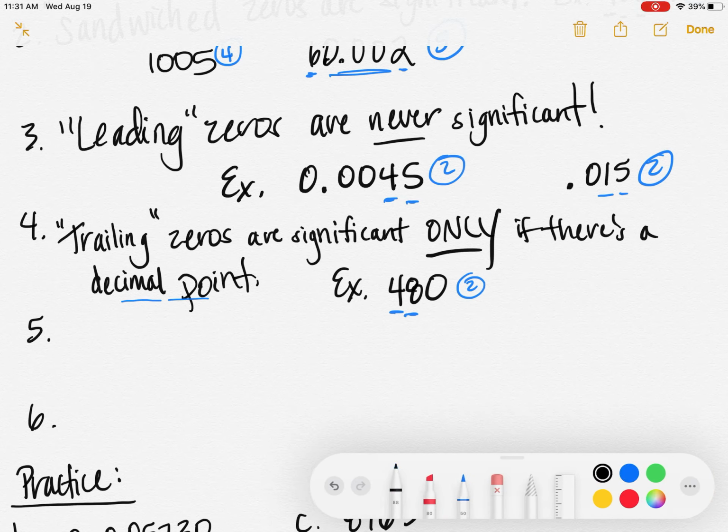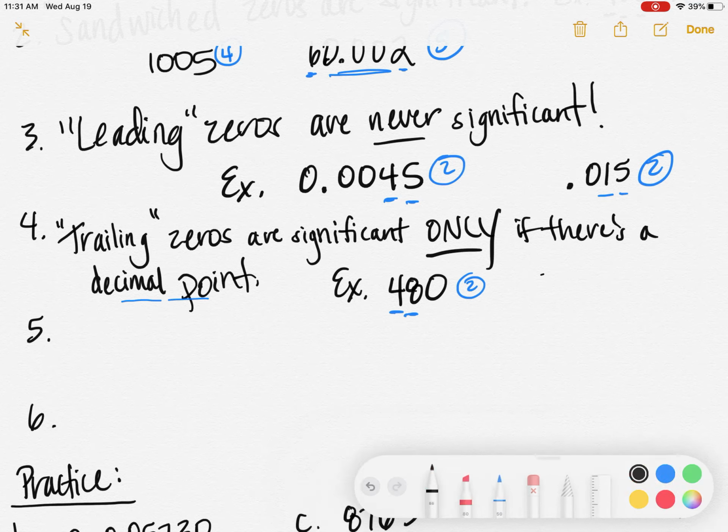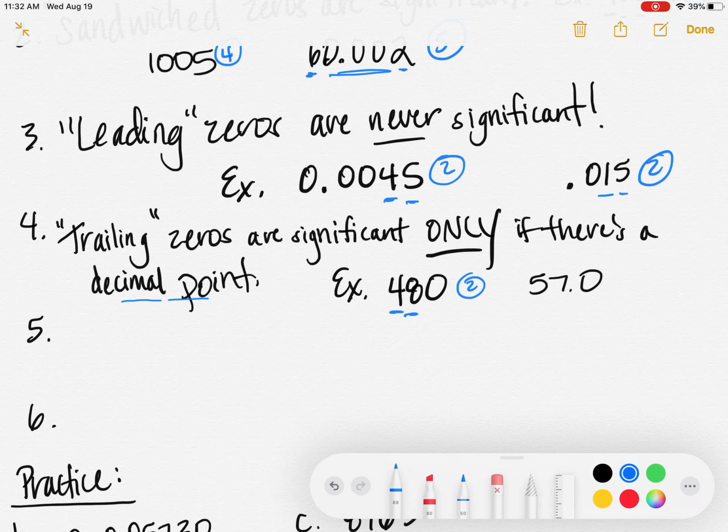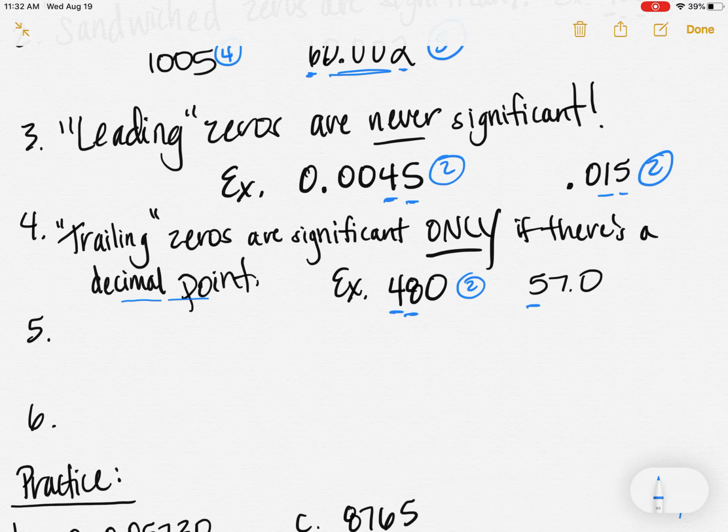Let's do another one. What if we encounter the number 57.0? Well, the 5 is definitely significant, and so is the 7. And in this case, the 0 is significant. It's a trailing 0, but there's a decimal point, which makes it significant.